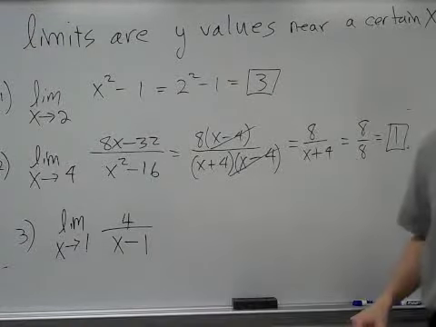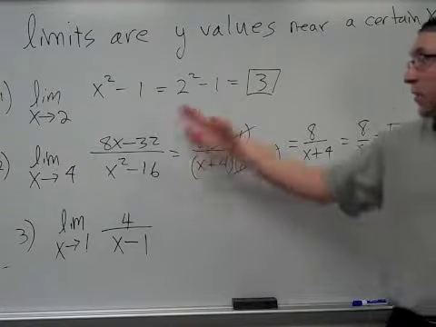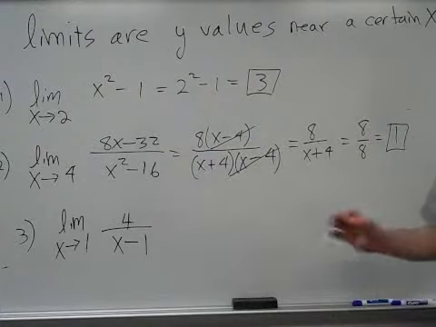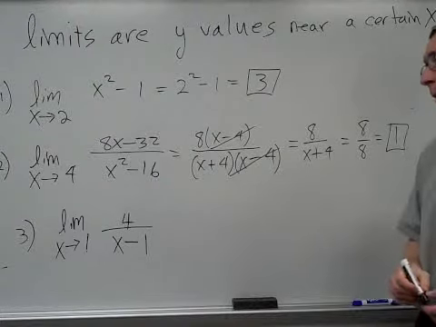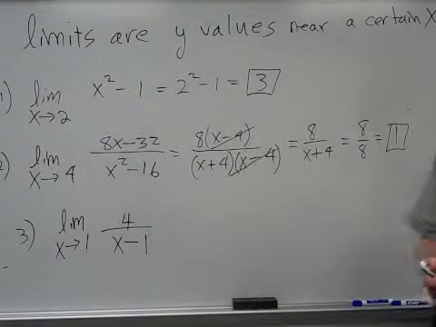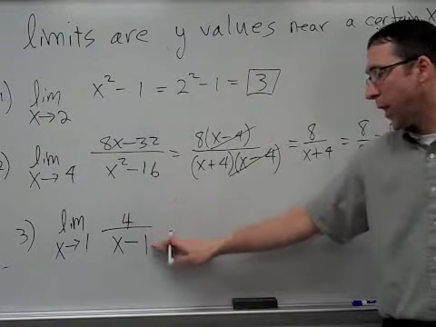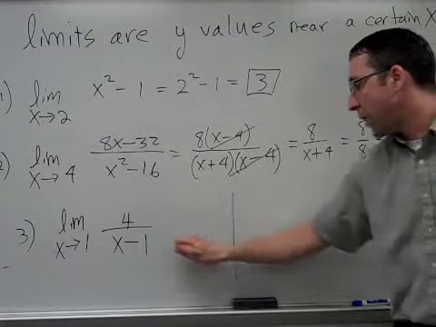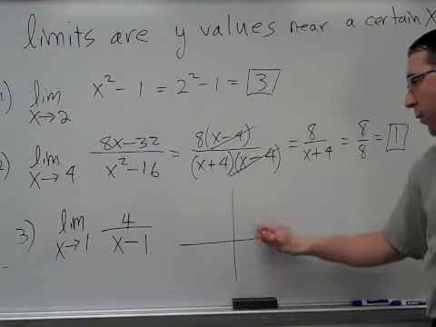For question number 3, we run into a bigger problem. You can't plug 1 in. So it's not just simply like question number 1. You also can't factor. The only other option is to take a look at what's happening with the graph near x equals 1. So since we can't plug in and we can't factor, what you want to do is take a look at the graph and see what's happening near x equals 1.